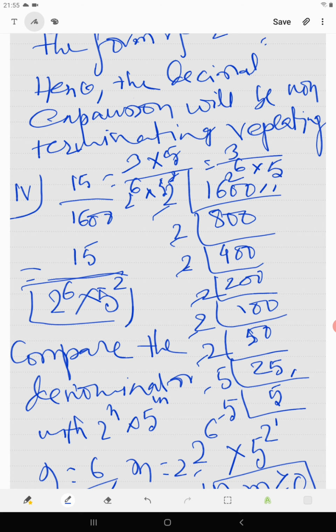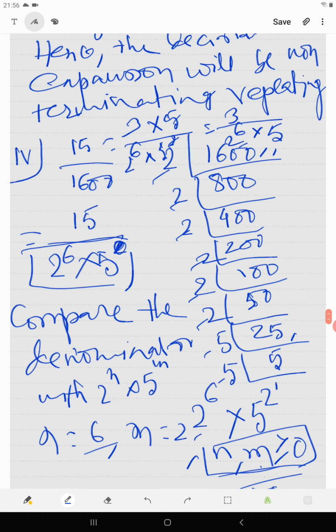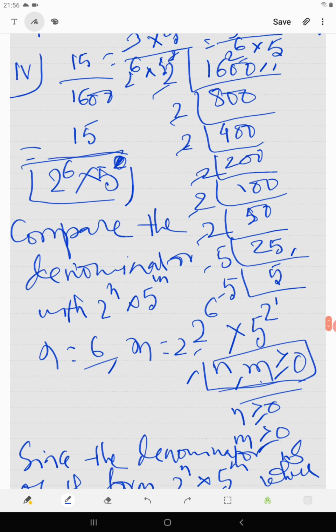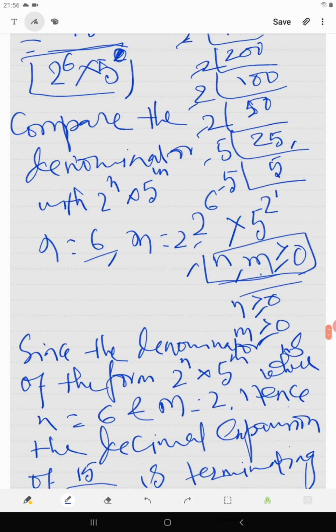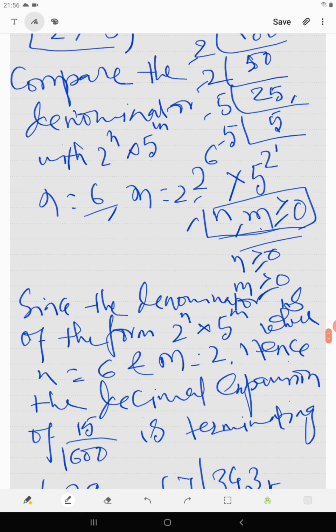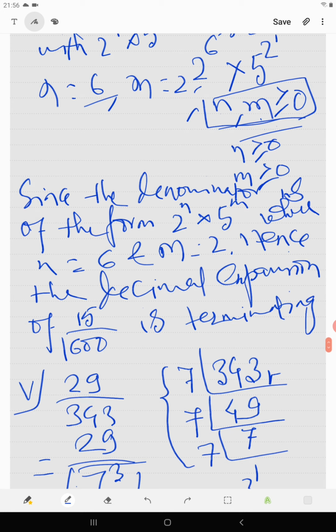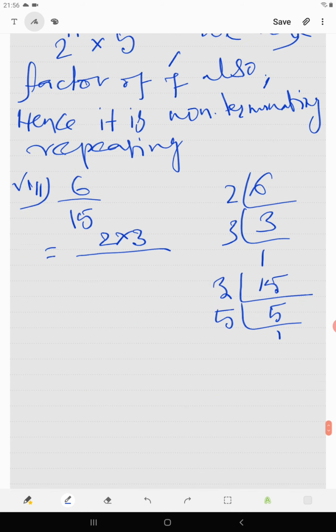One power will go, 5 to the power 2 minus 1, because 5 square is 25, so 5 fives are 25. So I remain with 2 to the power 6 into 5. Even after cutting, we are getting n as 6 and m as 1 instead of 2. So still it is terminating.